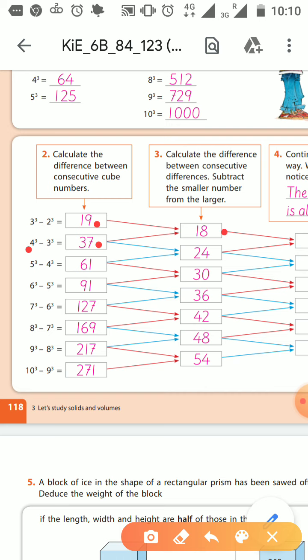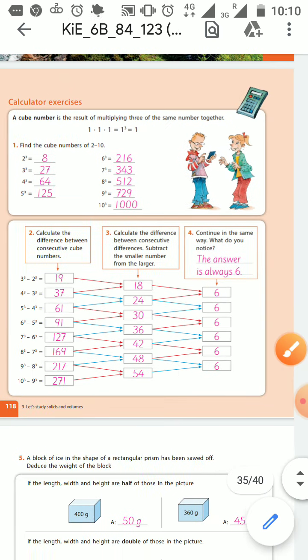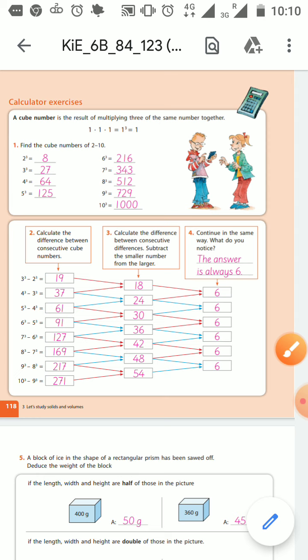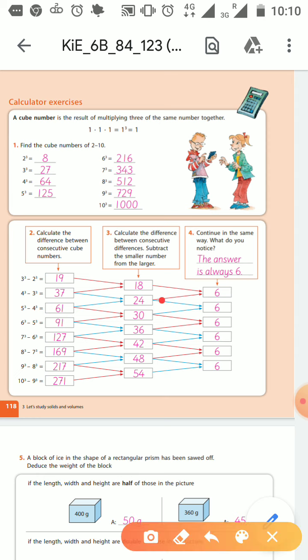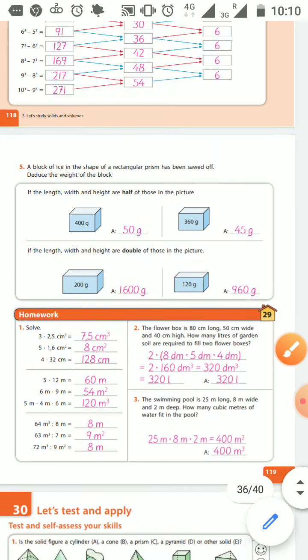In this box, you just simply do 37 minus 19. Same for this box here. You do 61 minus 37 is 24. And that will mean over here, you do the same thing. You find the difference between the 2 boxes. Okay, 24 minus 18 is 6. 30 minus 24 is 6. And your answer should be as shown there.